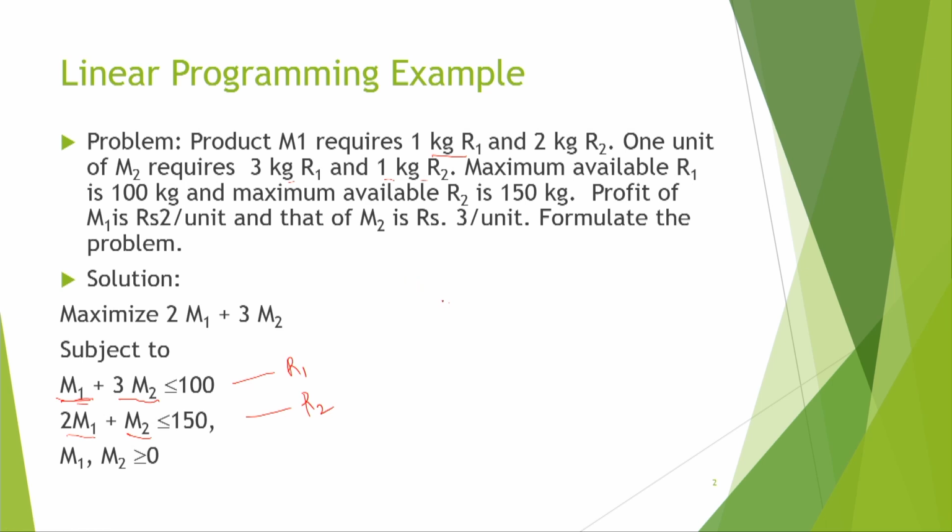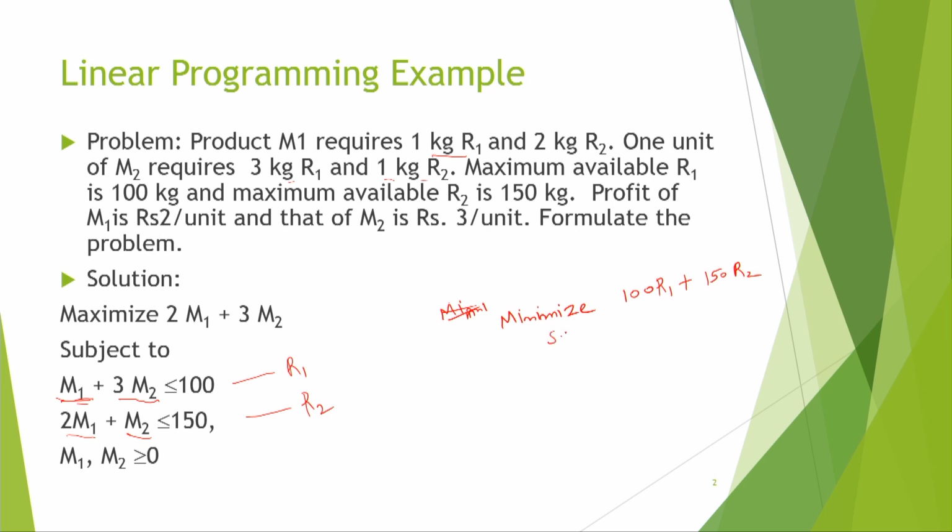Here I can write like this: maximize becomes minimize, and this will be 100 R1 plus 150 R2. Let us say I denote the worth by R1, R2 only. You can use Y1, Y2 basically.